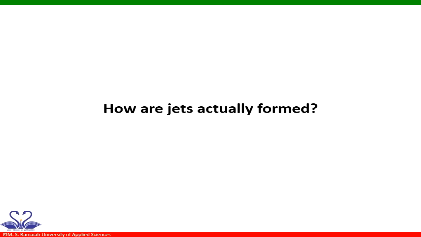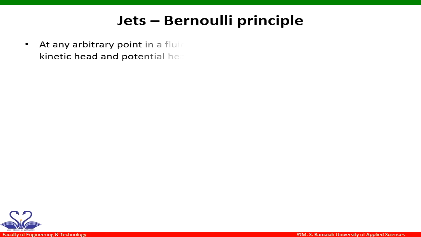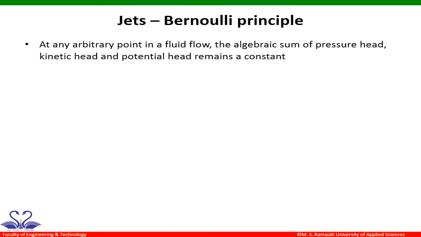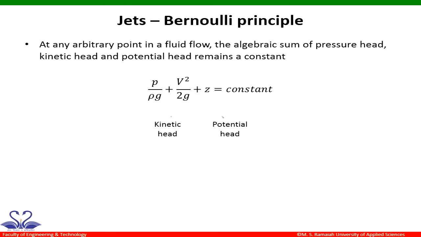Before that, how are jets actually formed? It follows Bernoulli's principle. The principle states that at any arbitrary point in a fluid flow, the algebraic sum of pressure head, kinetic head, and potential head remains a constant, that is, P by rho g plus V square by 2g plus z equal to a constant.